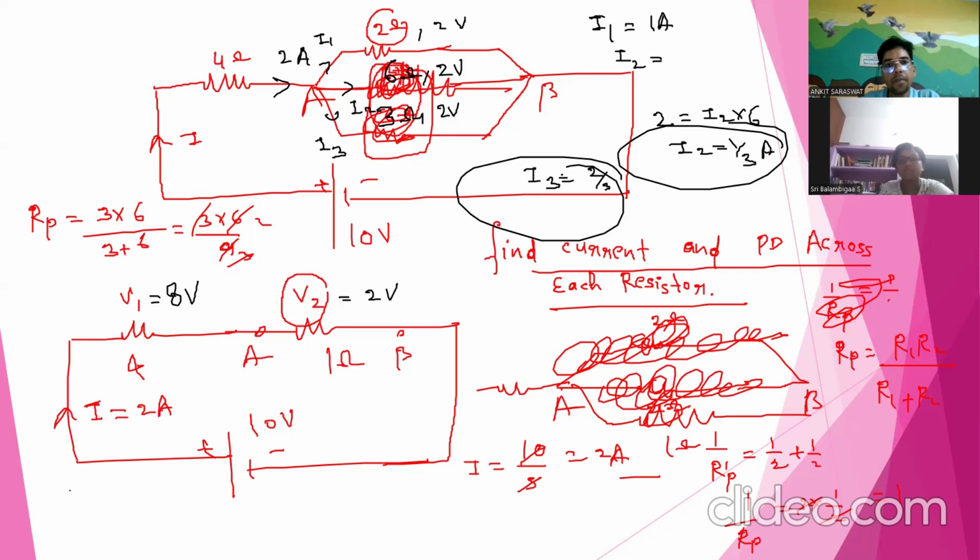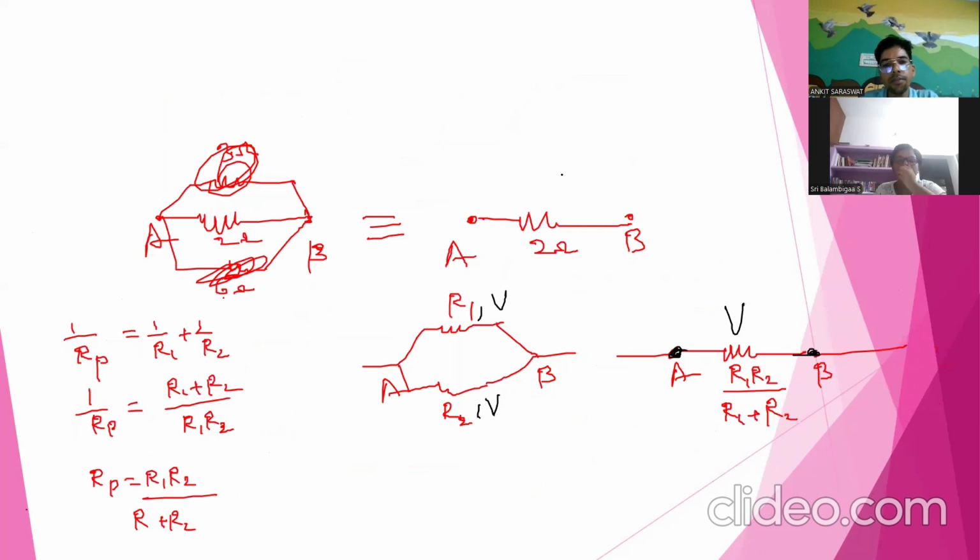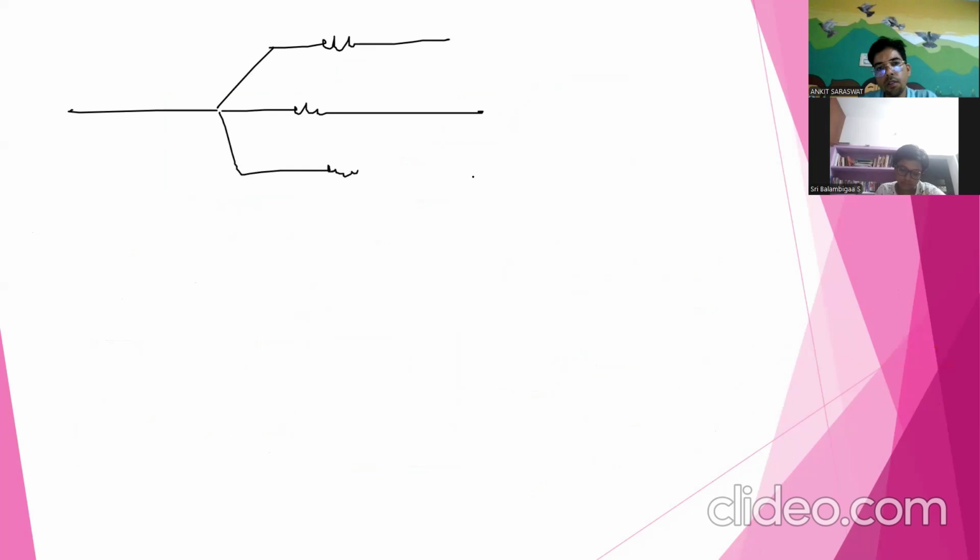Yes, sir. There is one more way. Let us suppose you are not interested to find the potential drop. For example, 2, 3, 6 ohm. How much current is coming? 2 ampere.